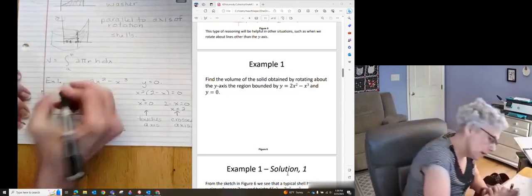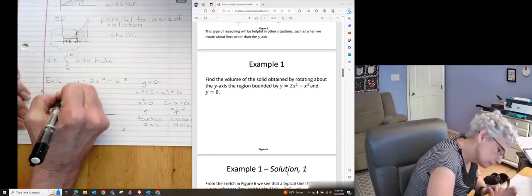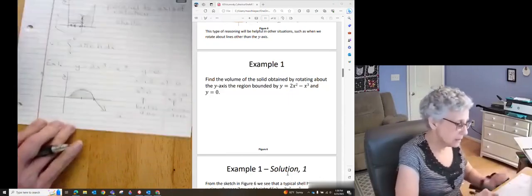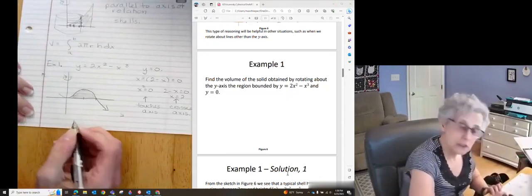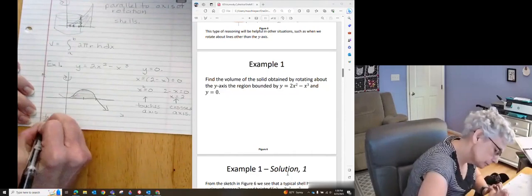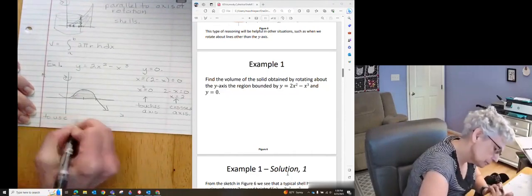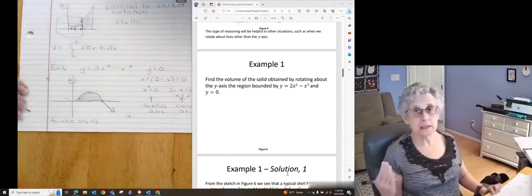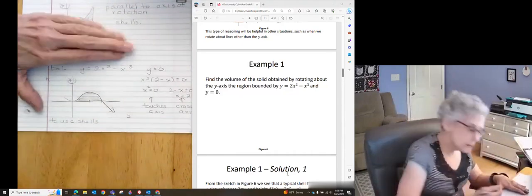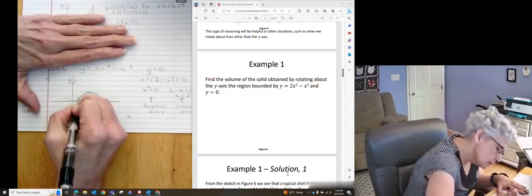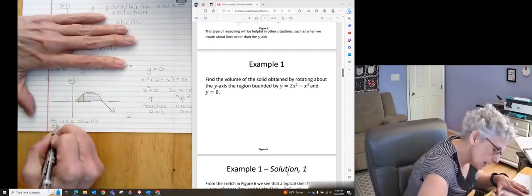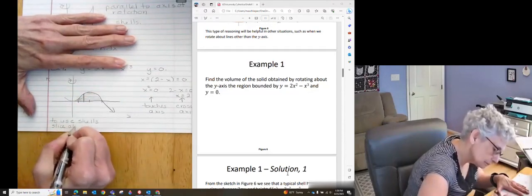And we're going to rotate about the y-axis. Now, since we're rotating about the y-axis, if we're going to use shells, we need to make slices that are parallel to the y-axis, which means our slices are going to be along the x-axis.